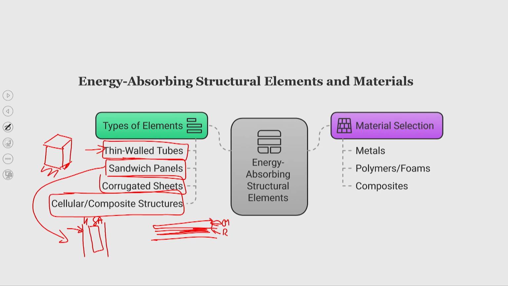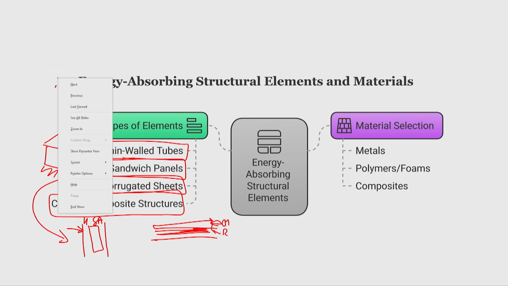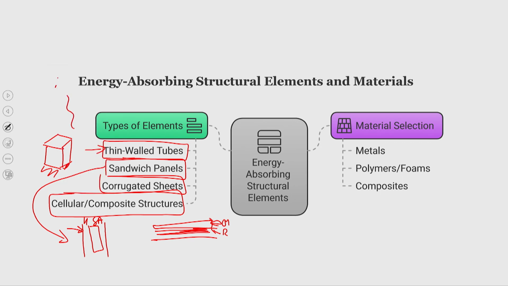Corrugated sheets have a great application when we design a W type of guardrail. Corrugated sheets are extensively used in transportation materials. And cellular composite structures, for example honeycomb type of structures, have high energy absorption capacities.